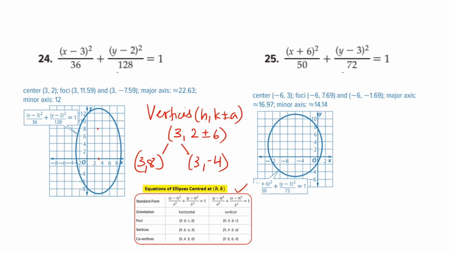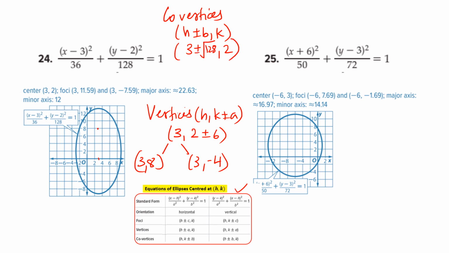Similarly, for this one, also we do the co-vertices. So co-vertices are given by h plus minus b comma k. H is 3, k is 2, b you got as square root of 128 plus minus square root of 128.